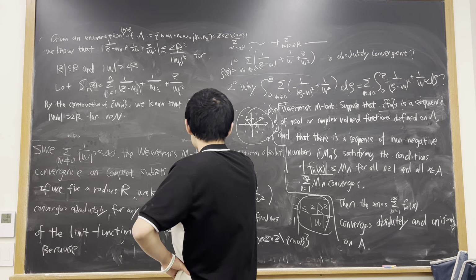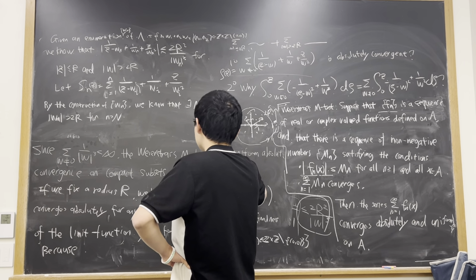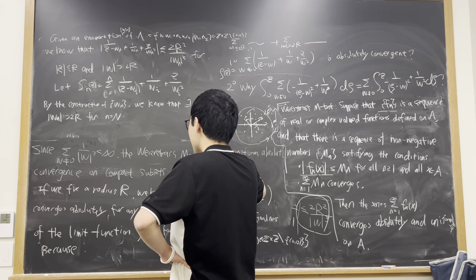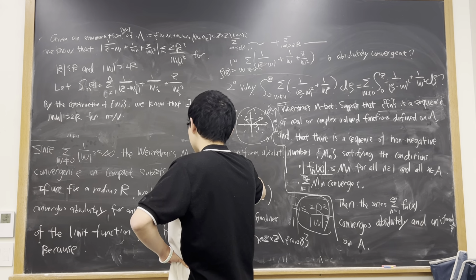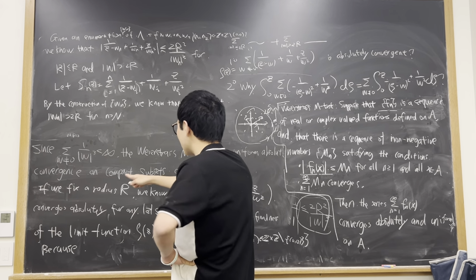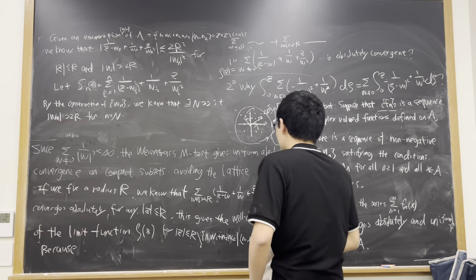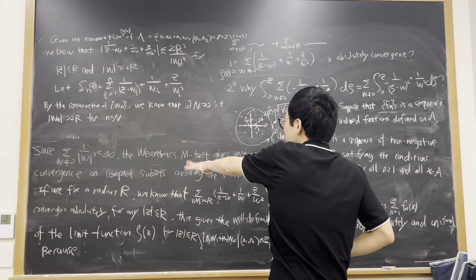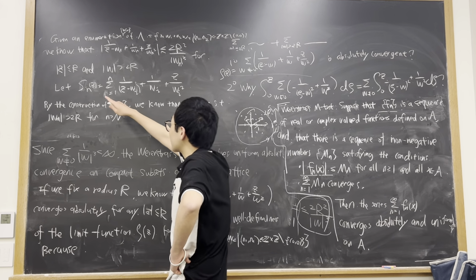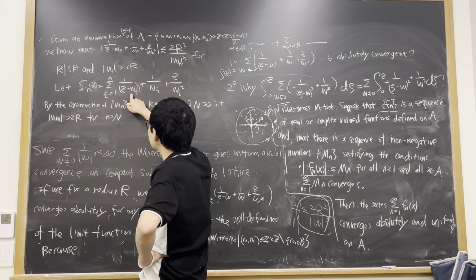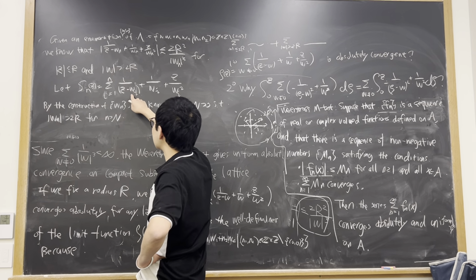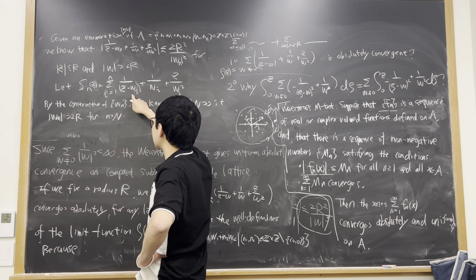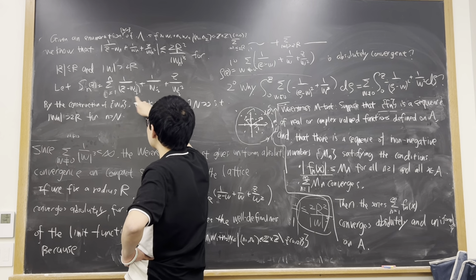We want to show that this sequence has uniform absolute convergence on compact subsets away from the lattice. So maybe there is some problem when the z is near the values of the lattice, right? So it may blow up for this function.